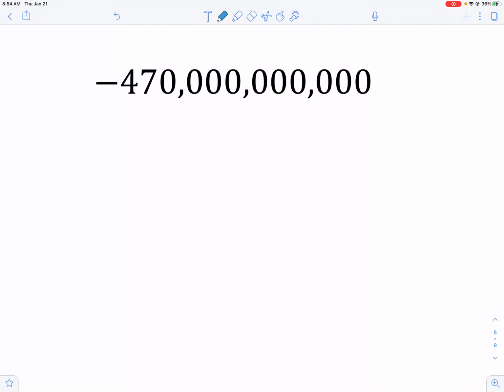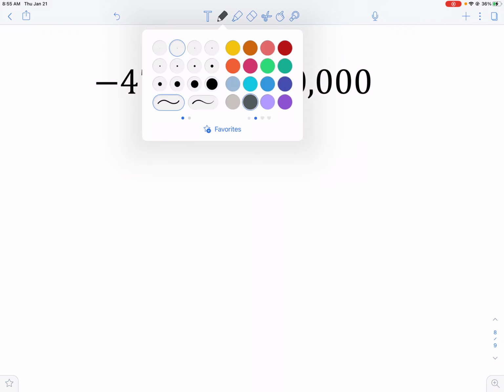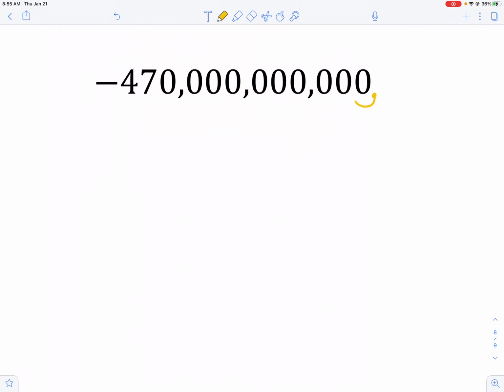Next example, really, really big. Now, we're looking at the absolute value of this because technically negative 470 billion is really, really small. But the absolute value is what I'm considering with positive or negative exponents. So I've got my decimal back here. I'm going to move 1, 2, 3, 4, 5, 6, 7, 8, 9, 10, 11 spots. So I'm going to move 11 places, which means my exponent is going to be 11.